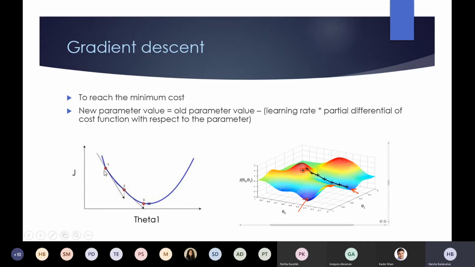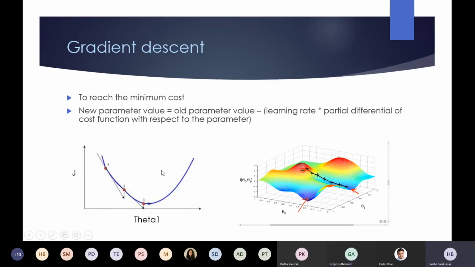It takes a value and computes the cost function, that is the sum of mean squared errors, and it reduces the cost function by a particular value with a slope, and that's why it's called gradient descent. It reduces the value of theta 1 with a slope and finds the cost again. It does it again and again so that it finds a local minima, which will be the minimal possible cost function. That's how it finalizes.